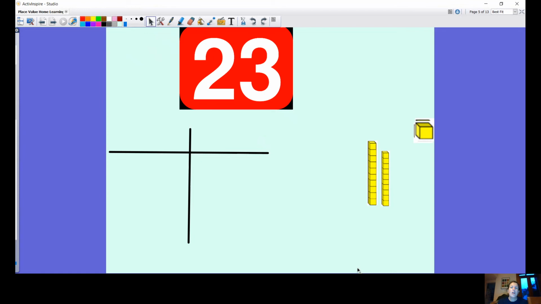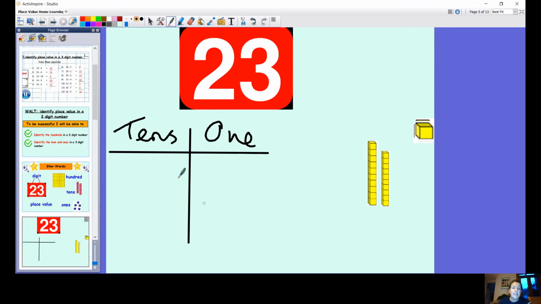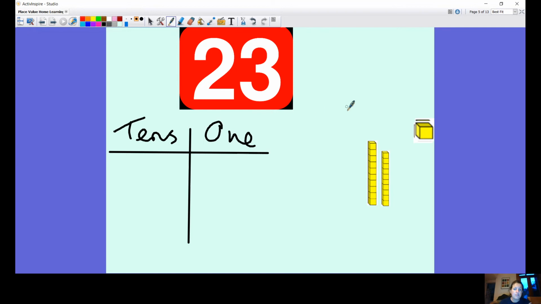Who knows? But when we look at 23, we should also always think, what is this number worth and what is that number worth? And this is when it comes into place value. This number, 23, is a 2-digit number, and in this case, it is made up of our tens and our ones.